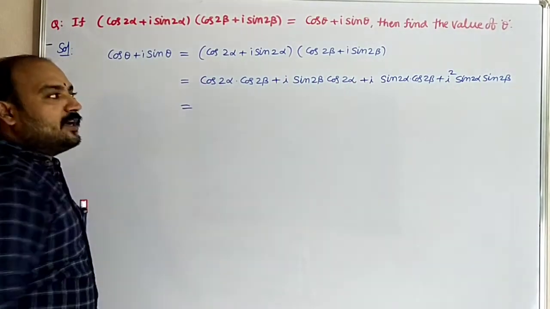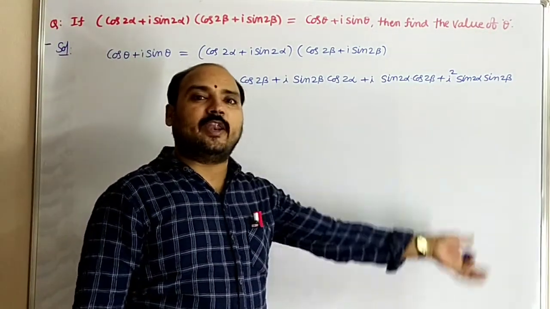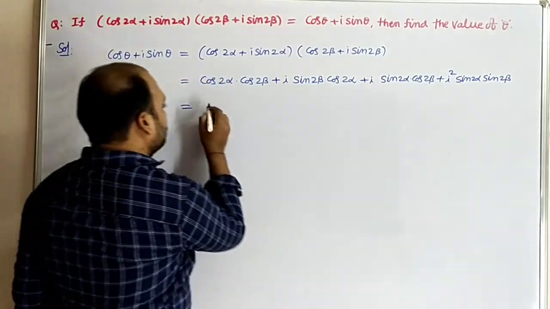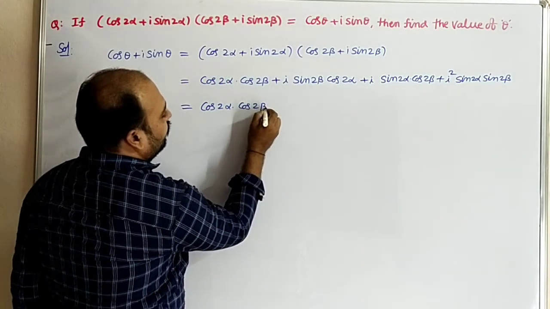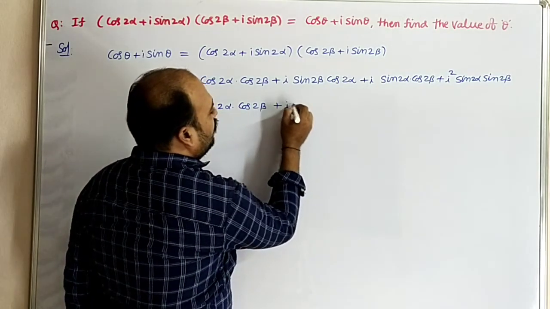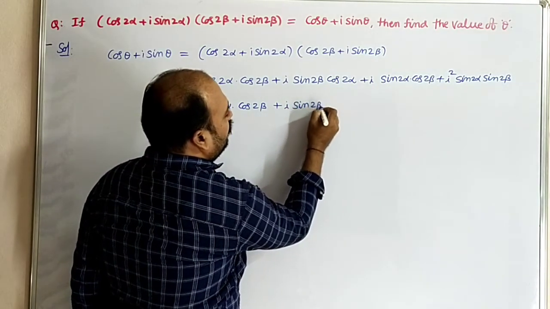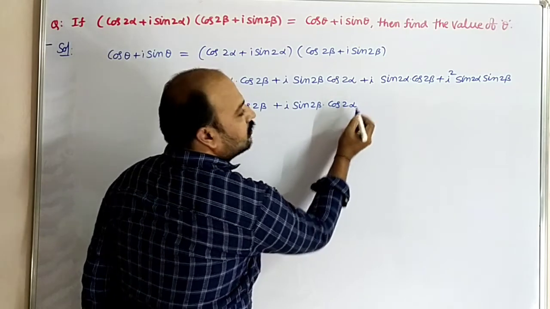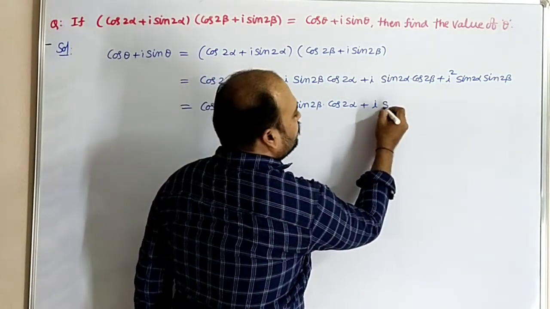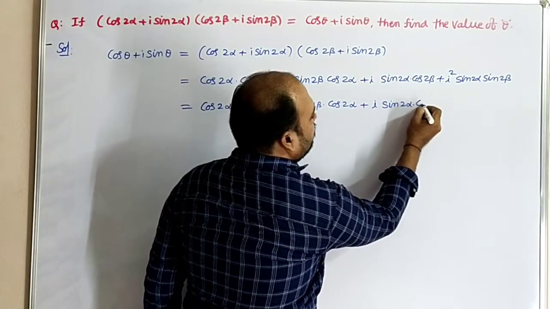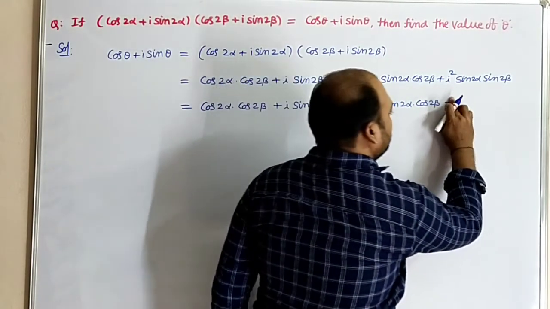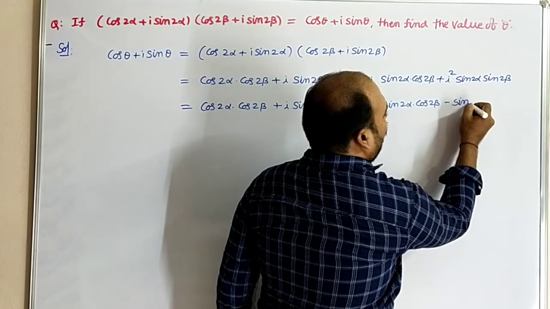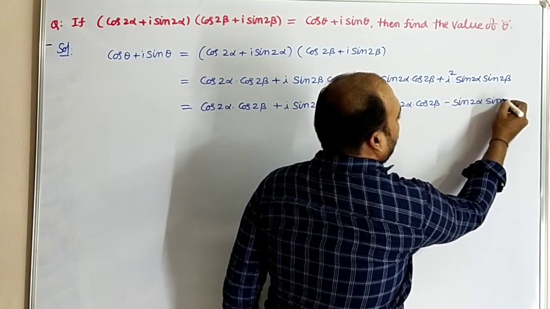So the terms containing i and not containing i, separate them. First, cos 2 alpha into cos 2 beta, plus i into sin 2 beta into cos 2 alpha, plus i into sin 2 alpha into cos 2 beta. i square is minus 1, so minus sin 2 alpha into sin 2 beta.